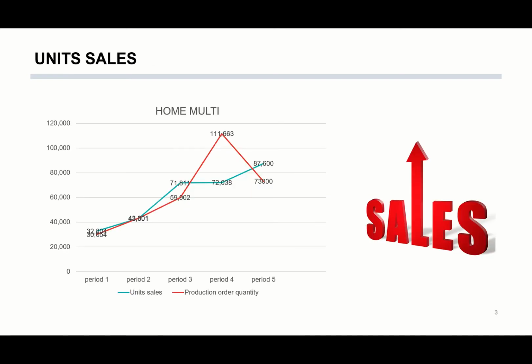First of all, as can be seen from the unit sales part, our sales have been on the rise, which indicates that our product meets the needs of our target consumers, especially during the period 2 to period 3. Sales have increased significantly. According to the report, we conclude that there are 3 factors contributing to this upward trend.